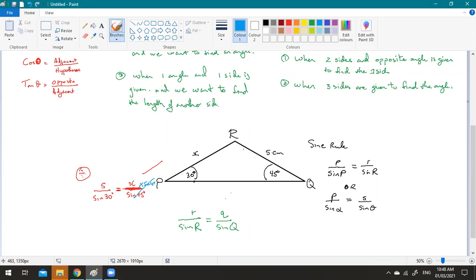If I multiply it on the right, I multiply it on the left. So we could use the calculator now: sine 45 multiply by 5 divide by sine 30 equal.